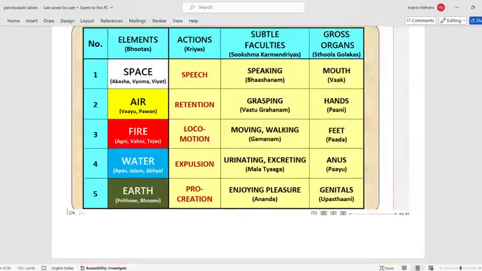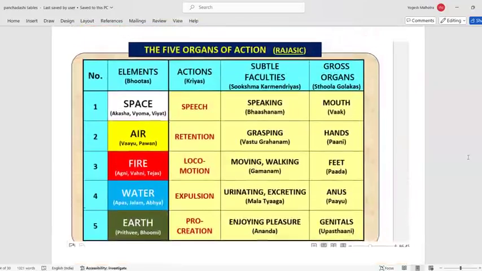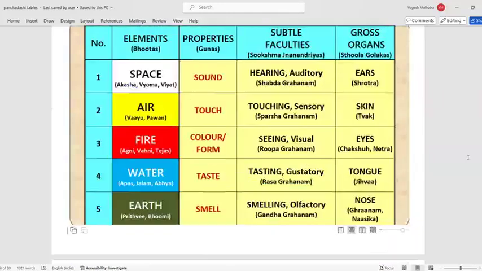So all of these five elements have one guna each. But there is what we call a karan dravya, and there is what we call karya dravya. So space is the initial one, the first karan dravya, right?